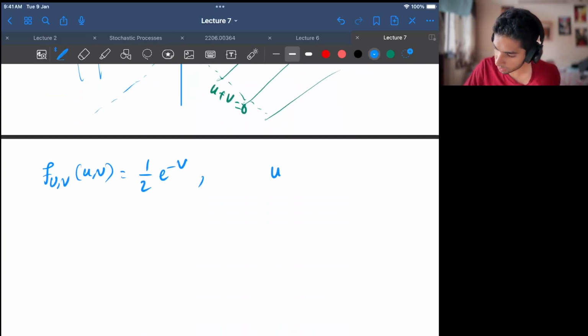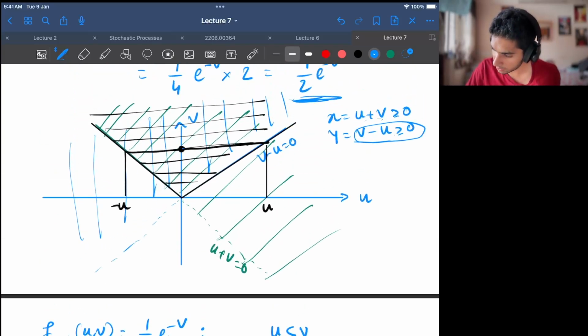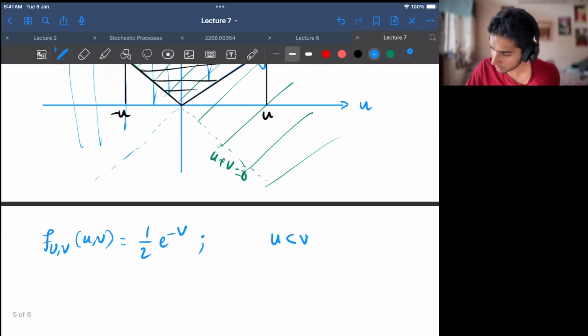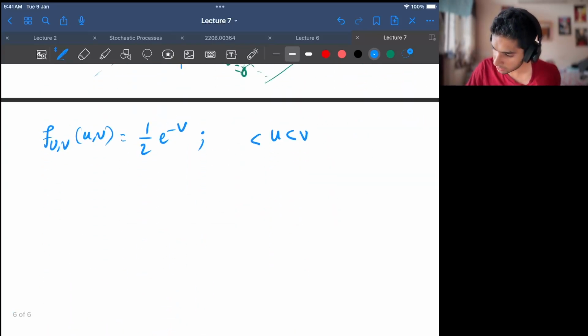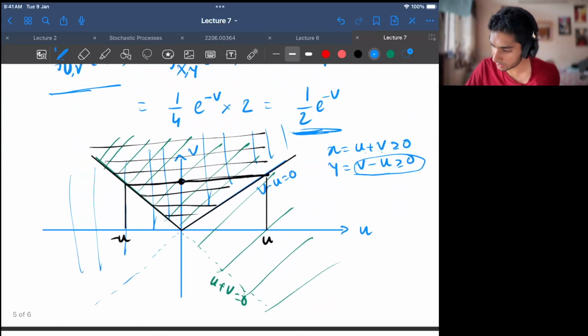And what else do we know? We know that u is less than v, right? For a given v, u has to be less than v and it has to be greater than minus v. This is what we can see, right?